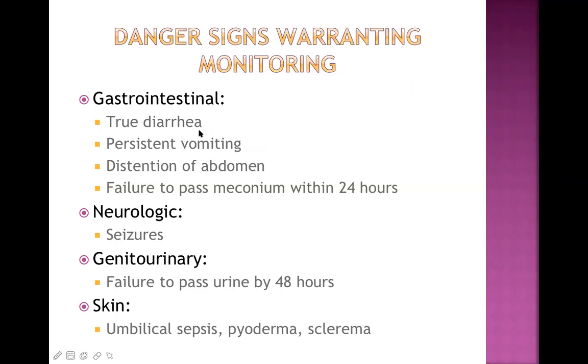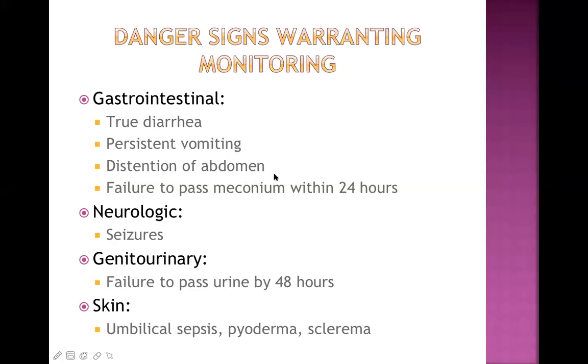Regarding the definition of diarrhea, the stool frequency should be more than 3 times a day, and the consistency of that stool should fulfill the shape of the container. It should fulfill the shape of the container, then only we call it diarrhea. And the newborn baby's stool doesn't fulfill the shape of the container, so it is not a true diarrhea. So persistent vomiting is always a danger sign.